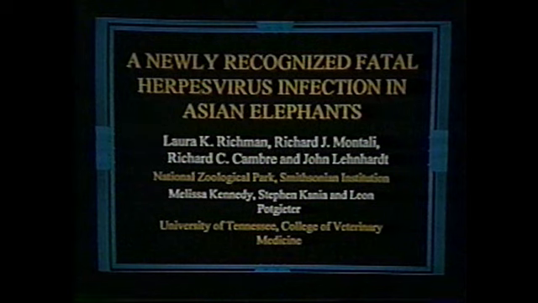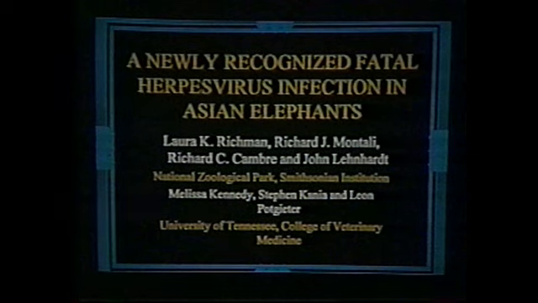For example, the morbilliviruses, as I've mentioned, have extended their host range now to not only terrestrial carnivores, but to species like cetaceans and pinnipeds, producing outbreaks of fatal disease globally.